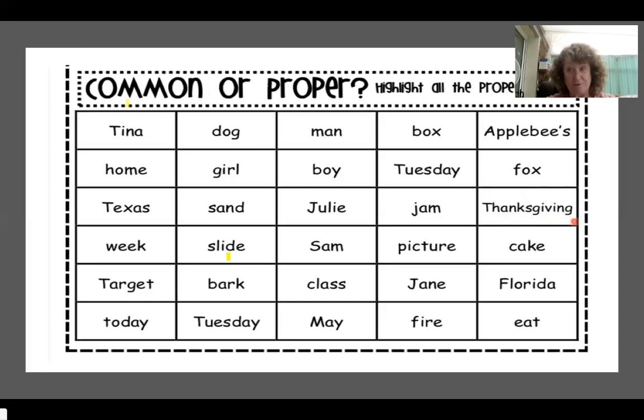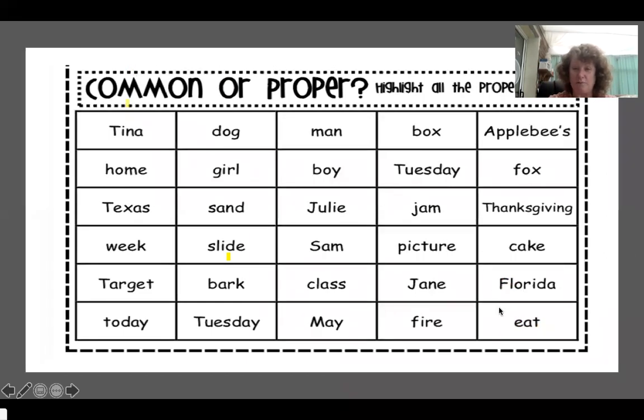Because that's a specific name, it's a proper noun with a capital T. Cake. Any kind of cake? Florida. Ooh. Now that is the name of a state. Because that's the name of a state, then it's a proper noun with a capital F. And this one, eat. No, that's not it.